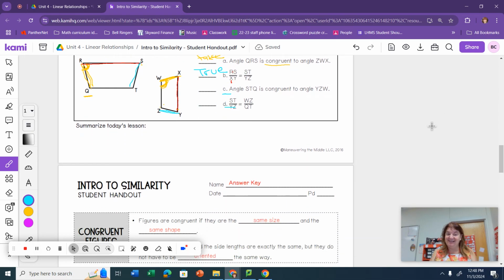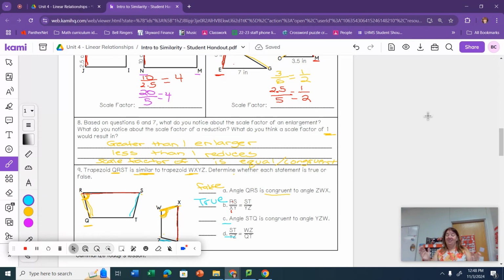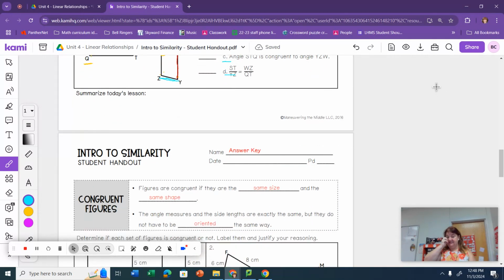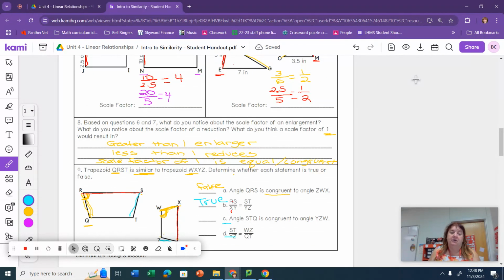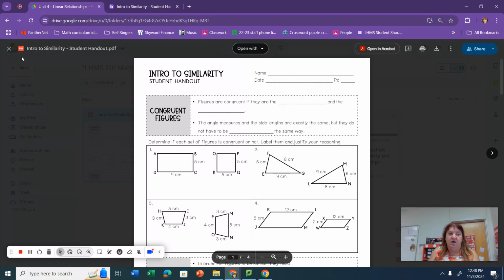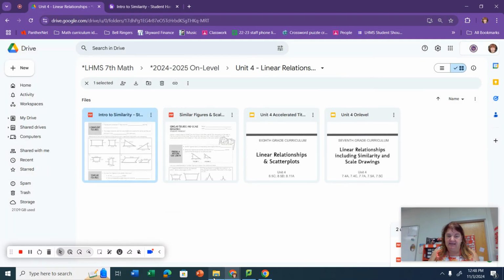Okay, did you get them right? Okay, the last thing that you're going to do is the worksheet for today. It says Intro to Similarity, not handout. Let me show you what it looks like. I don't think I uploaded it. I have it here.